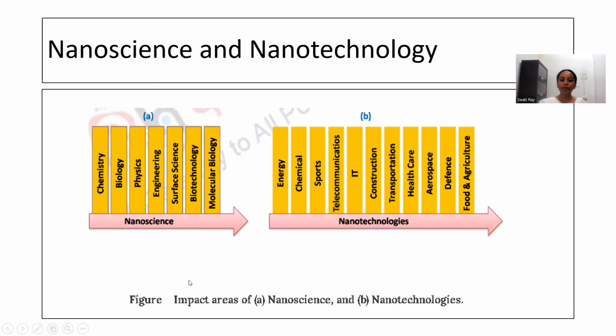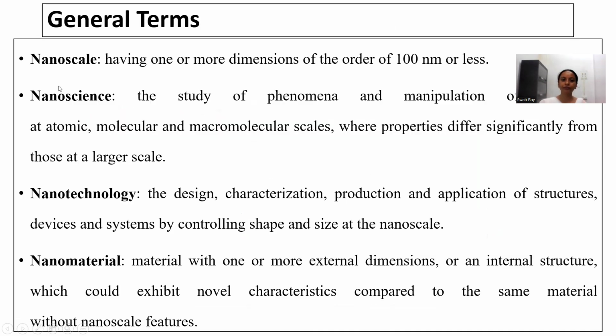The application of nanoscience in designing materials and their use in the field is classified as nanotechnology. The impact areas of nanotechnology are energy, chemicals, sports, telecommunication, IT, construction, transportation, healthcare, aerospace, defense, and food and agriculture.